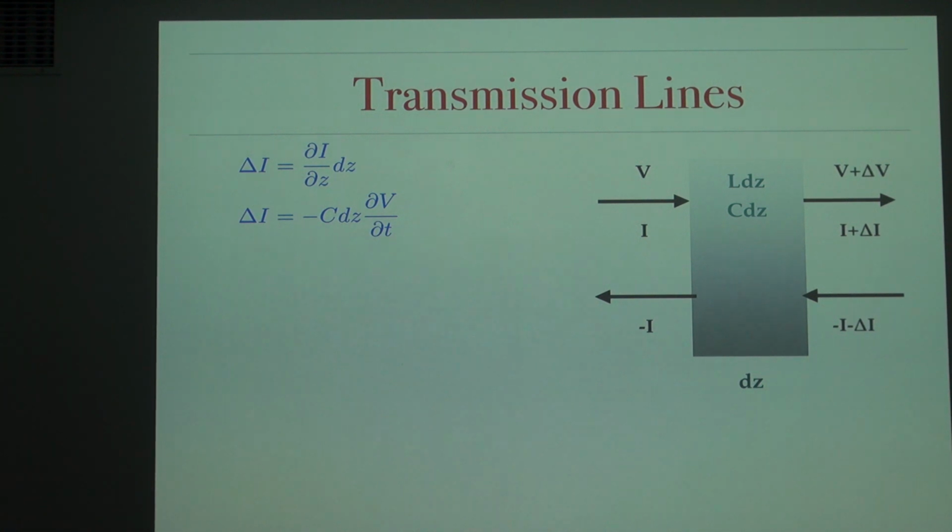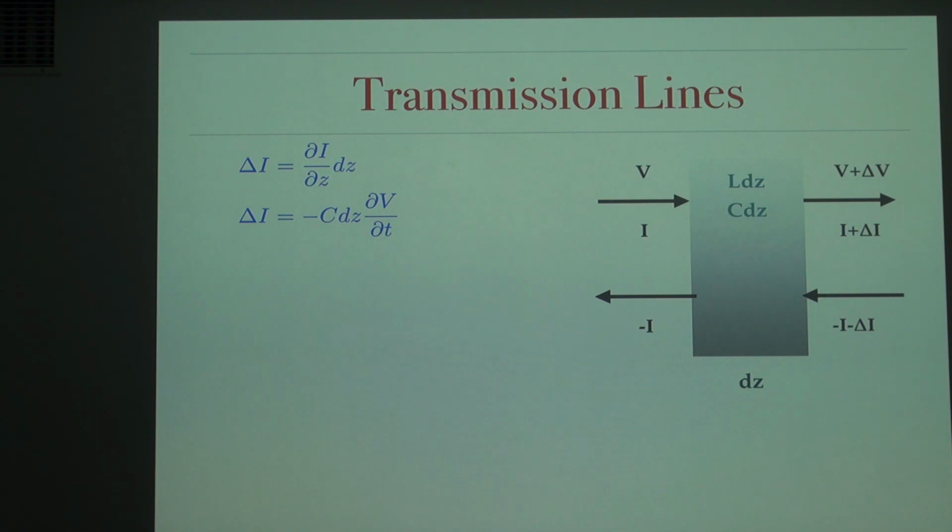Let's calculate the change in the current, the delta. That is, of course, a derivative of the current with respect to the distance z times the thickness of our slab. And from where may this electric current come? Well, it comes from the capacitor. So the delta I is proportional to the capacitance C times the time derivative of the voltage.